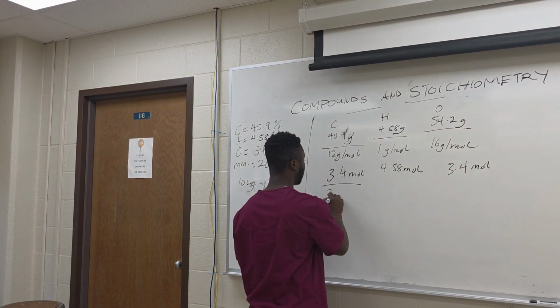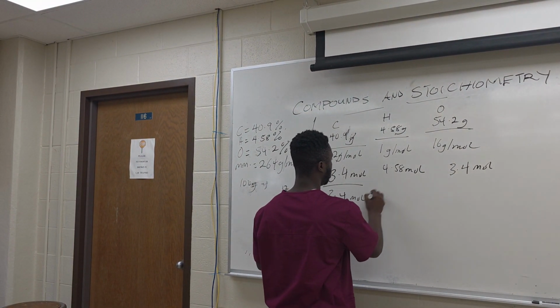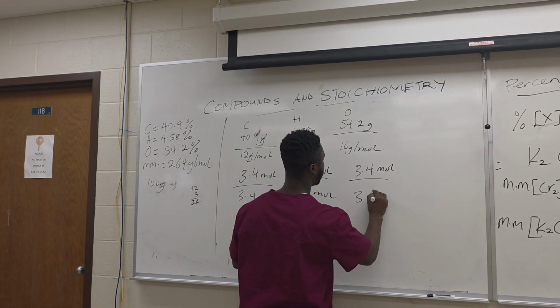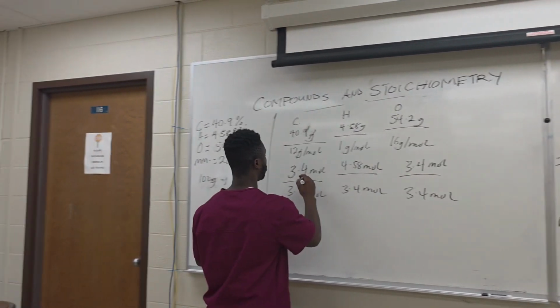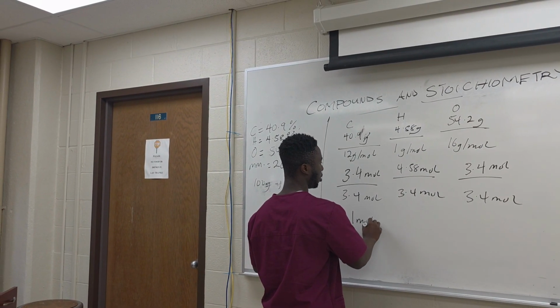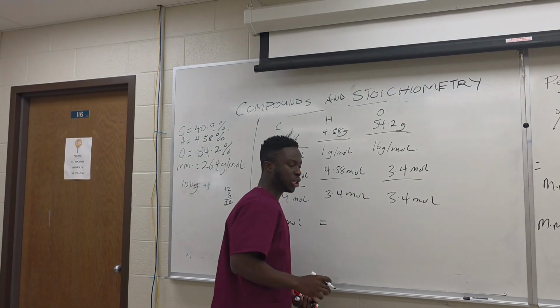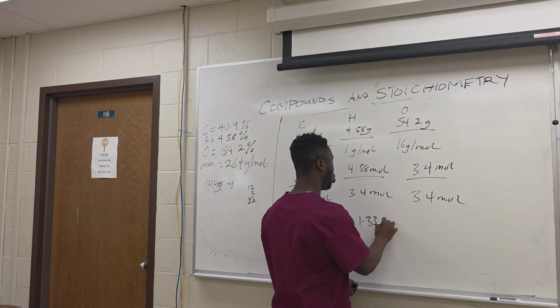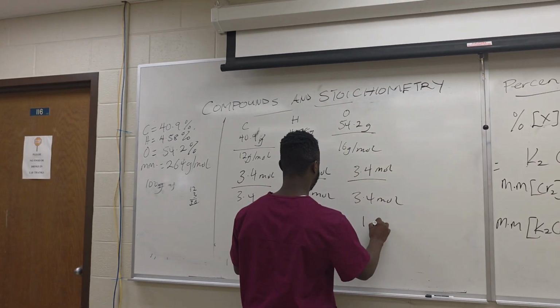So we divide here by 3.4 mole, here by 3.4 mole, and here by 3.4 mole. So this would be just 1 mole left. Over here is going to be 1.33 mole. And this would also be 1 mole left.